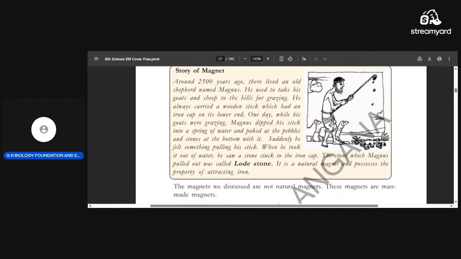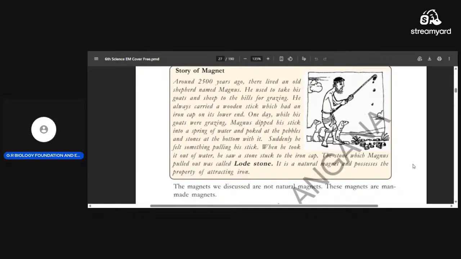Okay, the stone which Magnus pulled out was called lodestone. So that is the first magnet, which we call a natural magnet. It is a lodestone. It is a natural magnet and possesses the property of attracting iron.